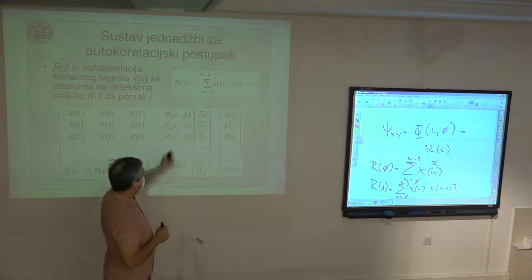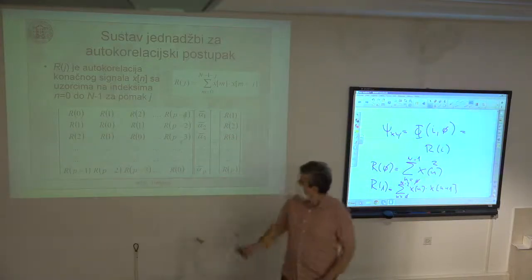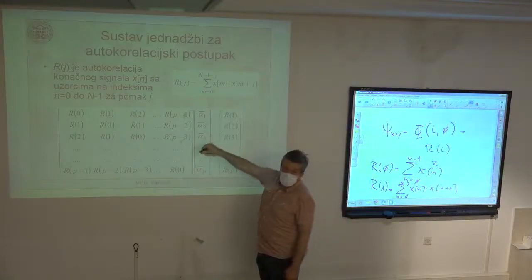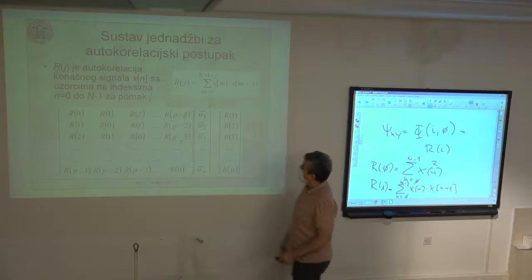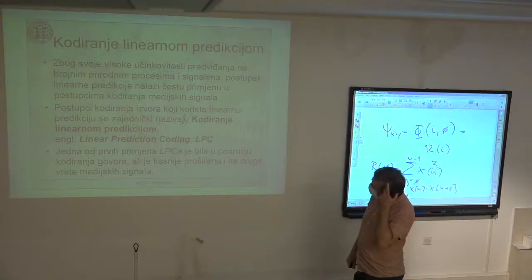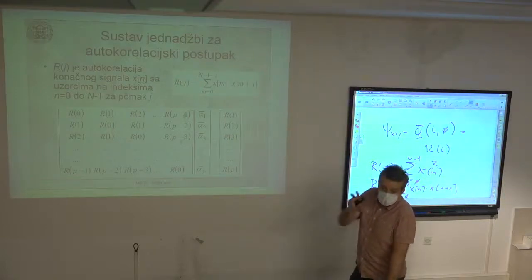Okay, now that I have this system of equations, I find the optimal solution, and this optimal solution found with the autocorrelation method will always give a stable predictor. Actually, the solution with the autocorrelation method will always give a predictor whose roots are within the unit circle.